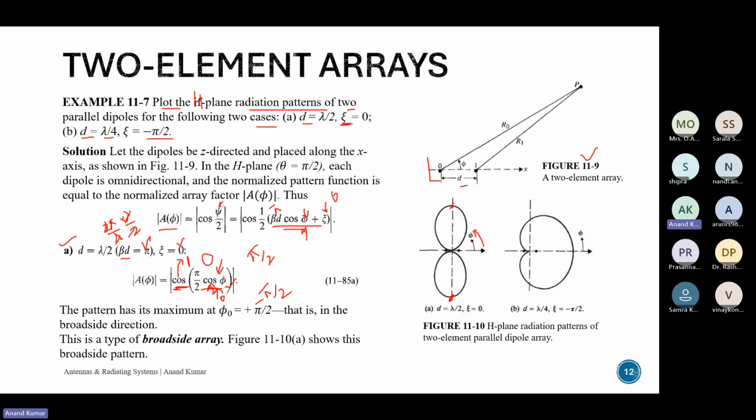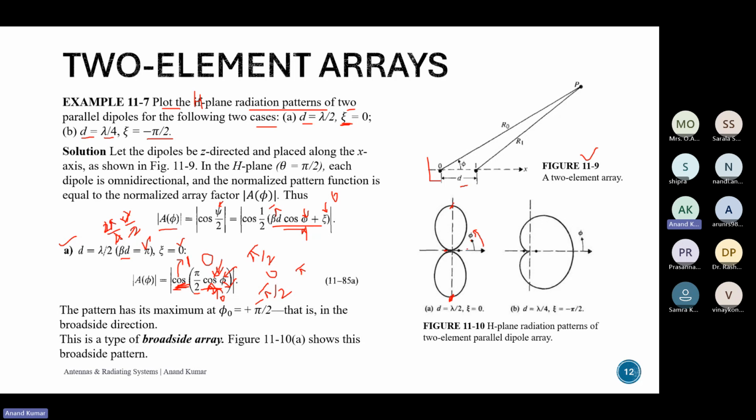If phi is 0, then cos phi becomes 1, and the argument to the outer cos becomes pi by 2. So cos pi by 2 is 0. So for phi equal to 0 and pi, this function gives 0 values.